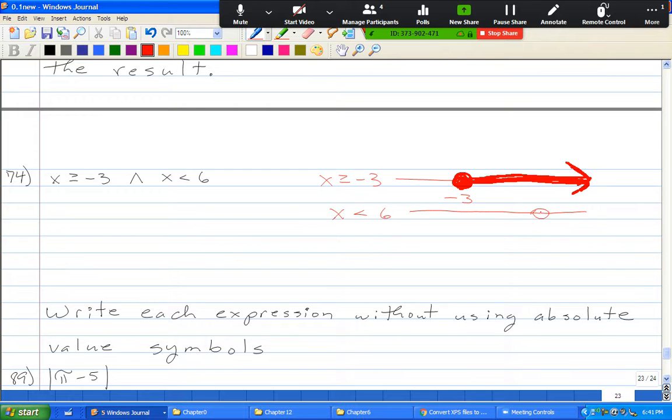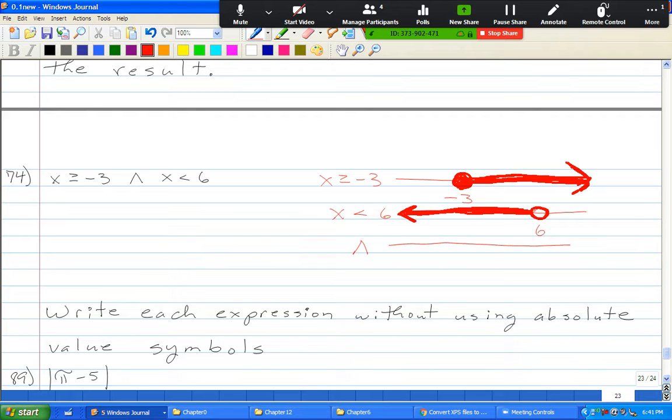So here I have x is less than 6. So I do not include 6, but I include everything less than 6. So this is 6. So now this is an and. So let's do the and of this.